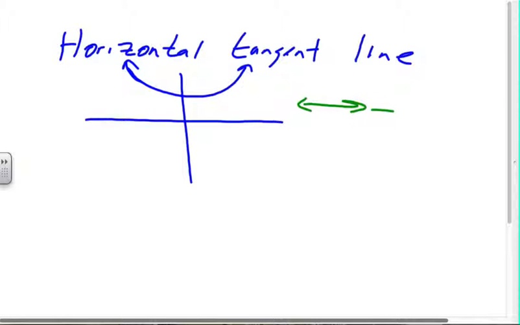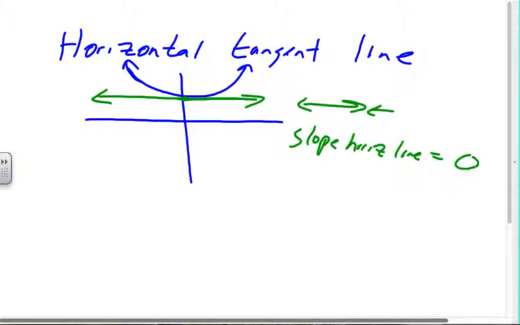Now, in this case, it's going to be right here. So there's my horizontal tangent line. Should recognize that the slope of a horizontal line is 0. This is going to come back when we do optimization. Okay, in a parabola, this would be a minimum point.